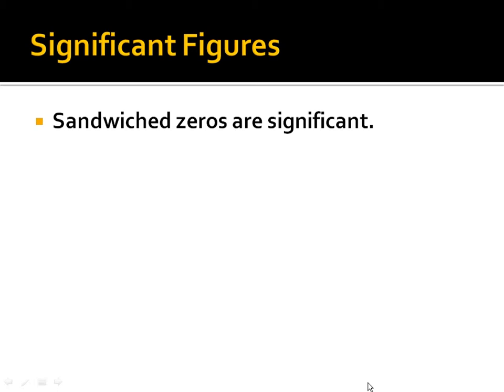Sandwich zeros, as I like to call them, these are zeros between 2 non-zero digits, and that's why I call them sandwiched, because they're sandwiched between 2 non-zero digits, and these are significant and they hold a place. So if we look at the number, for instance, 101, we would say that there are 3 significant figures.